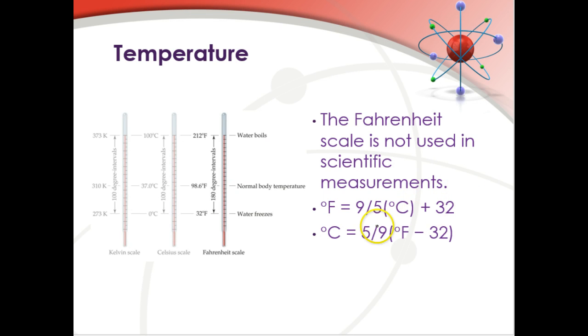So as you can see, our conversion factors here, okay, we have our equations. It's very important that you get the parentheses correct, because again, if you don't follow the order of operations and you don't have these parentheses, you're going to get the wrong answer. So make sure you have these equations memorized in the correct form. And it's very easy. You just plug in your degrees Celsius or degrees Fahrenheit. Not too bad. Make sure to keep in mind significant figures.